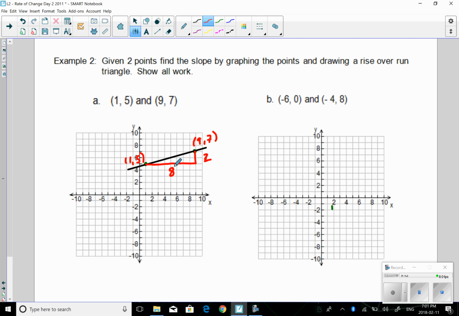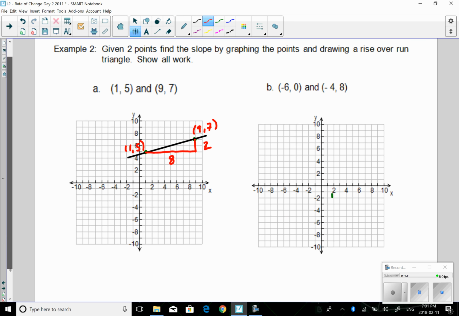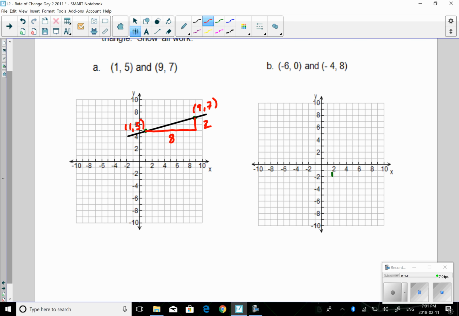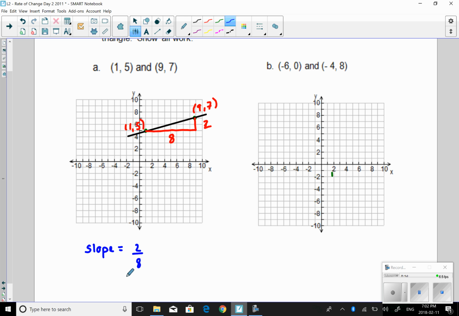And lastly, I'm going to go -6 and 0, and -4 and 8. Still a positive slope. Now we just have to think about negative numbers. Okay, so I'm going to draw my line.